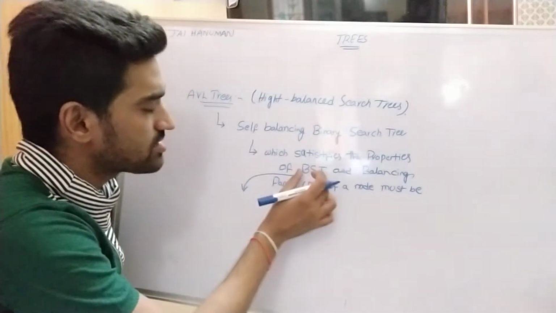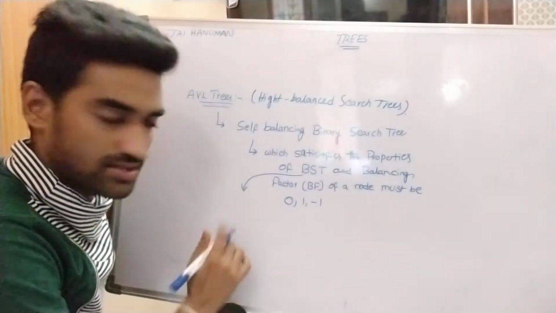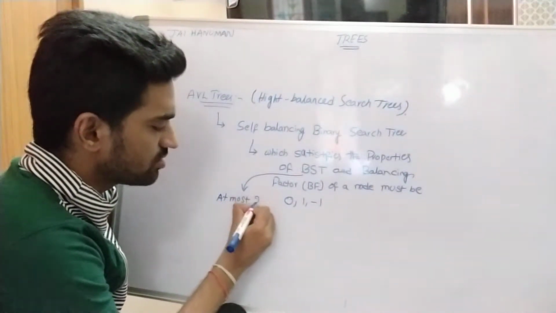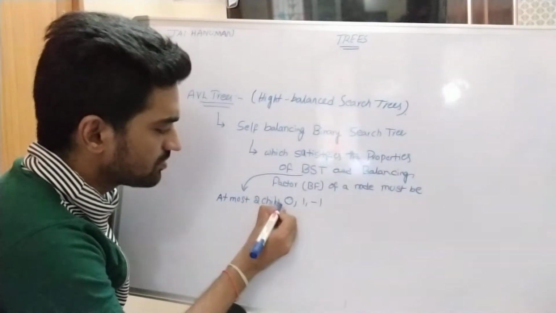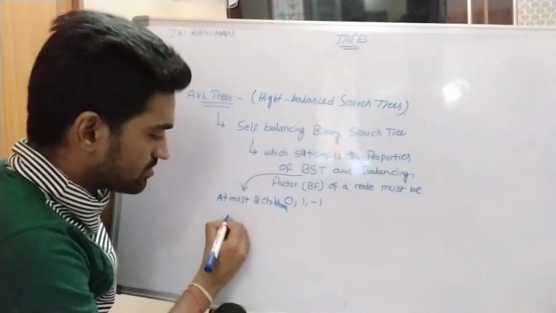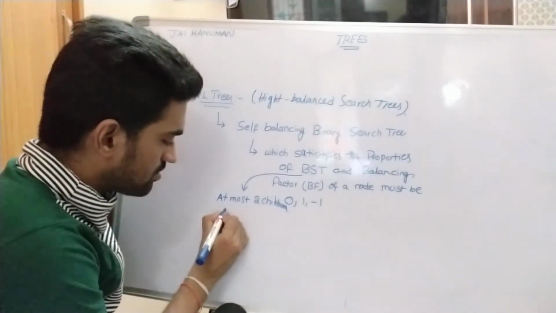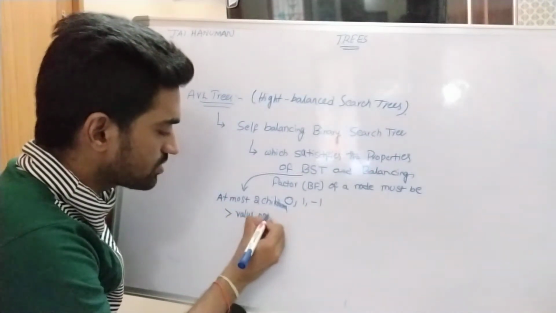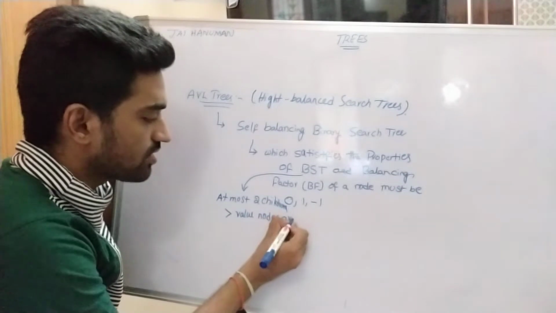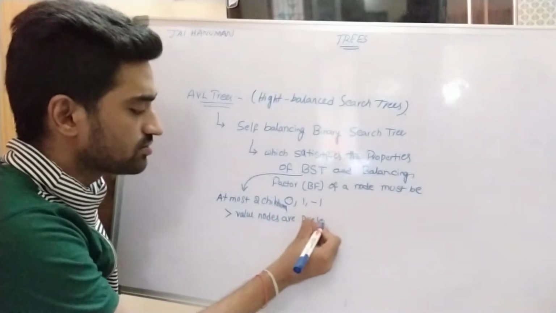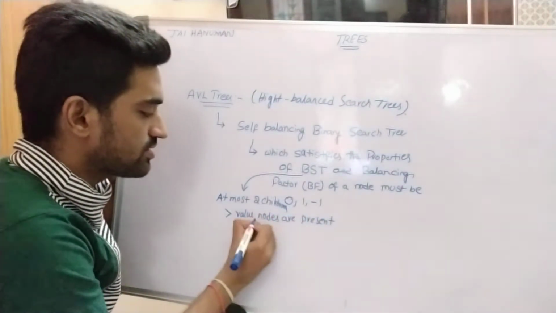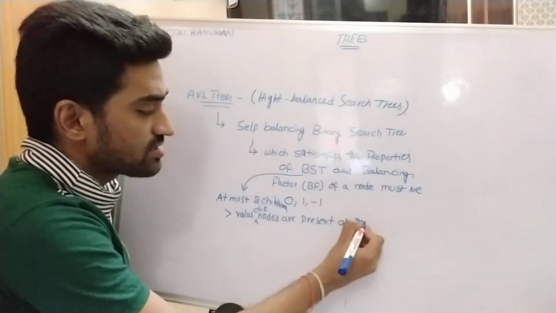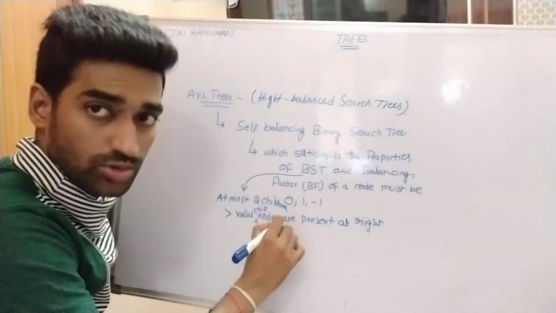Those properties are satisfied by AVL trees. So at most 2 children, as well as greater value nodes are present in the right subtree when compared to the root.